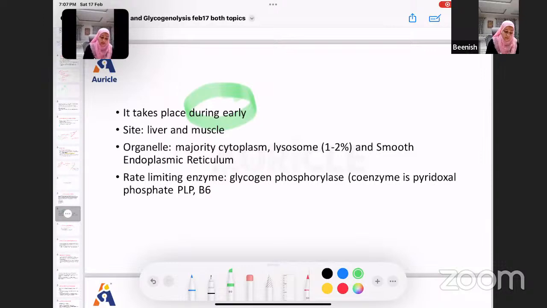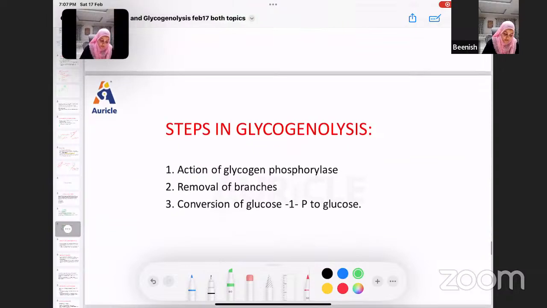The organelle is majorly the cytoplasm, but 1 to 2% of it takes place in the lysosome as well, and the smooth endoplasmic reticulum. The rate limiting enzyme is glycogen phosphorylase, and the coenzyme for this is PLP, pyridoxal phosphate, which is your vitamin B6.